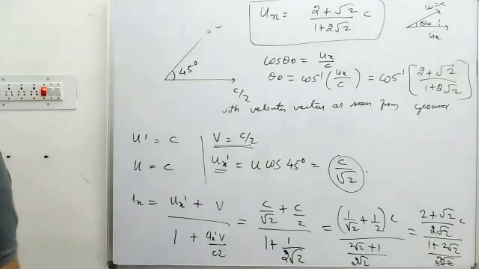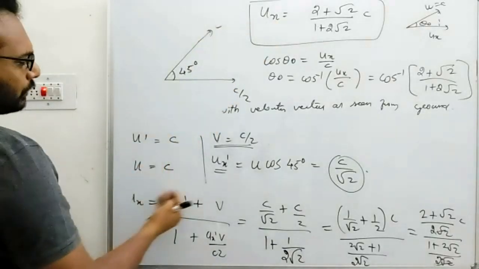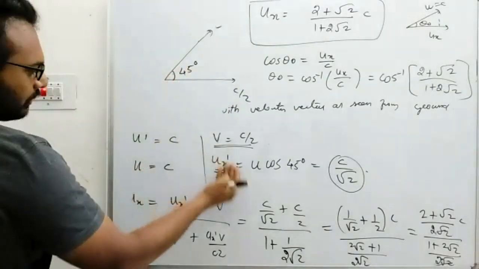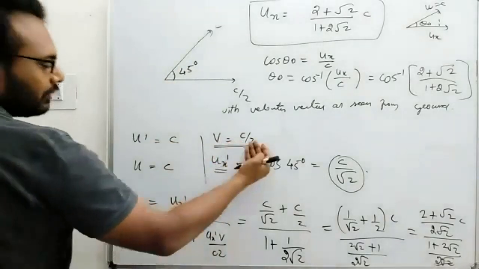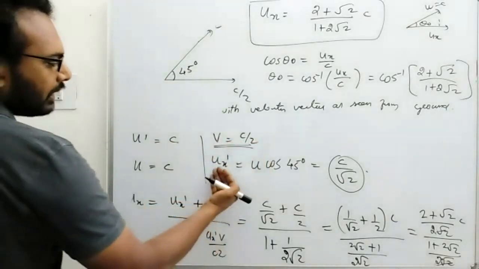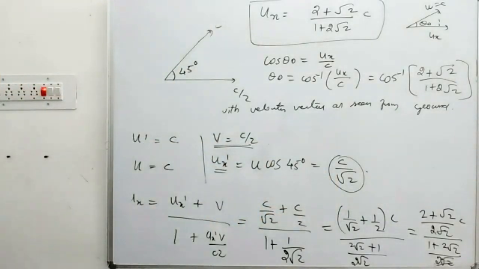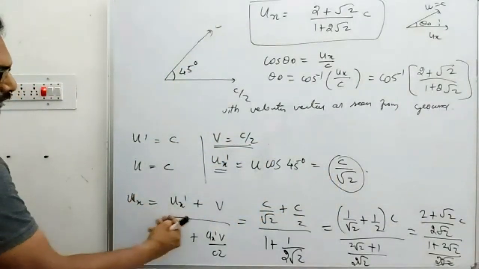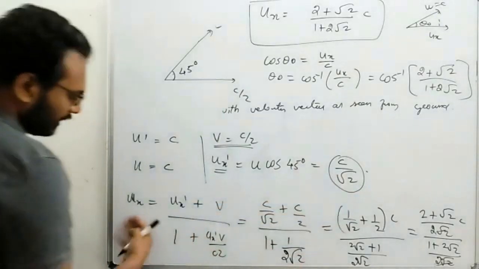So we were asked to find the angle in a different frame. What we first did was write down what we know. We have u prime equal to c, so u is also c, and the v is also given as c. We find ux prime there, and you find ux using the velocity addition rule, and we have all the information necessary to find ux.